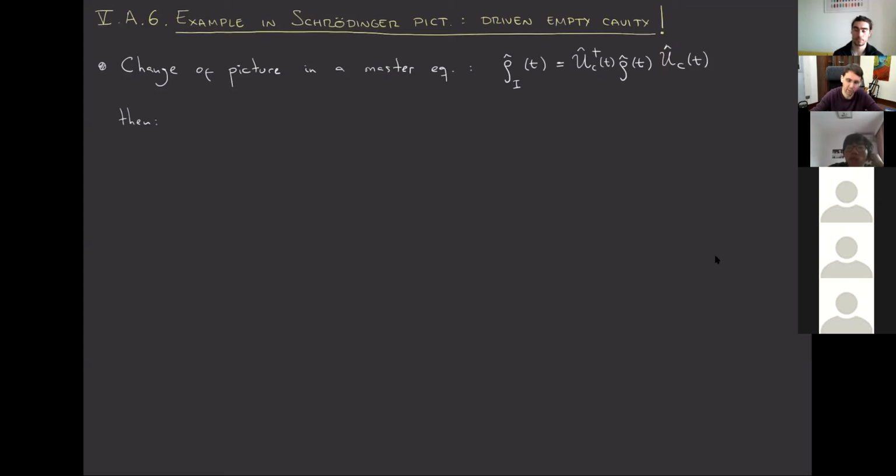In this case, we get exactly the same kind of transformation. So we will get that the time evolution of the state in this intermediate picture is the intermediate Hamiltonian, so the commutator, so the von Neumann equation with this.